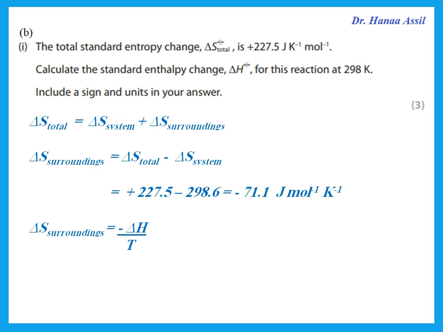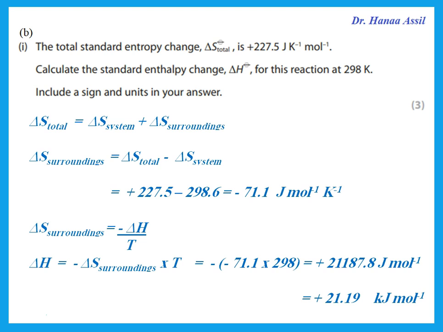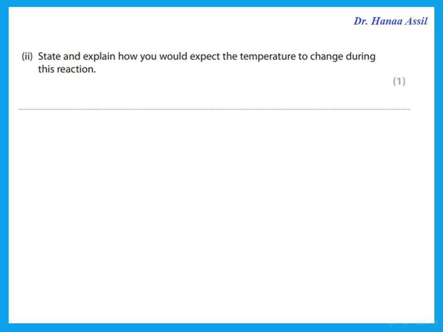Then we use this equation, minus delta H over T, in order to get delta H. So the delta H will be minus delta S surroundings times T, and this will give me the number for the delta H. But remember that what comes out here will be in joules. You can divide by 1,000 to get it in kilojoules.